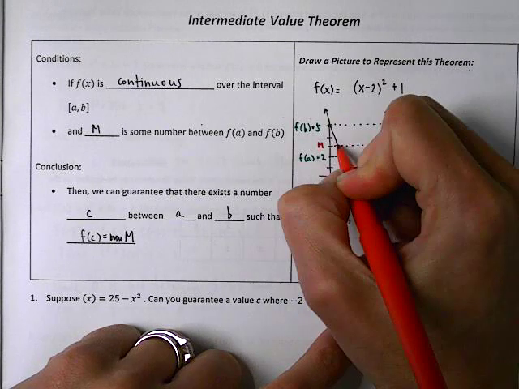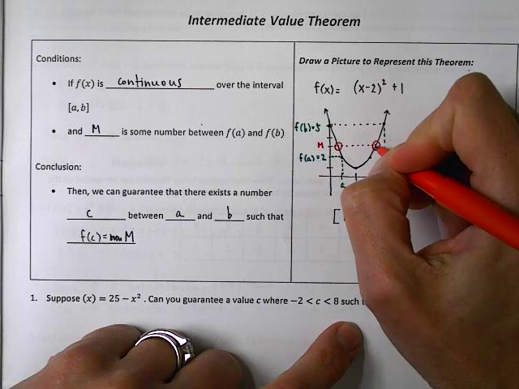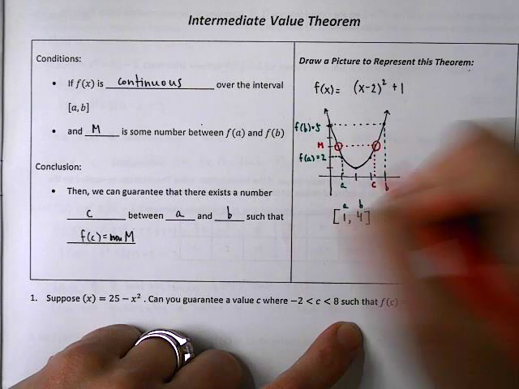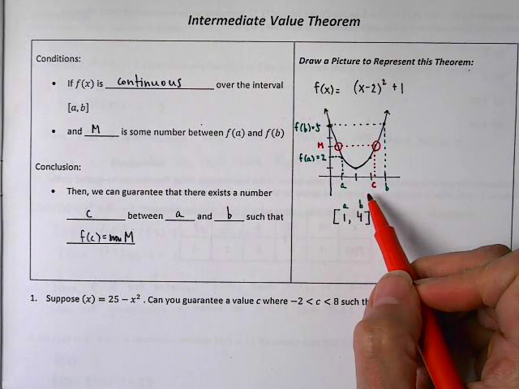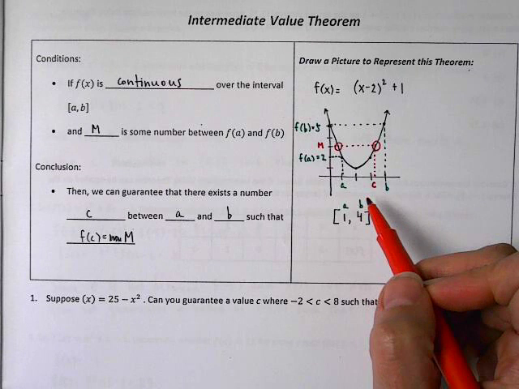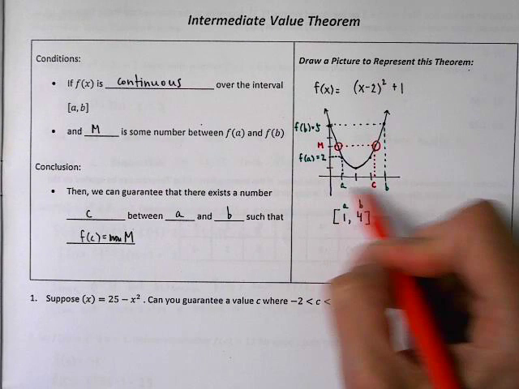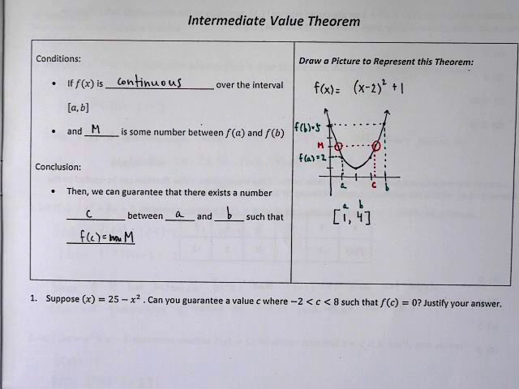And here I can see it actually takes it on here and here, but it has to take it on at some point in that interval, in this case, at this value here. Now, this theorem doesn't tell us where that happens, it just guarantees that somewhere in between our defined interval, our function is going to take on that value.